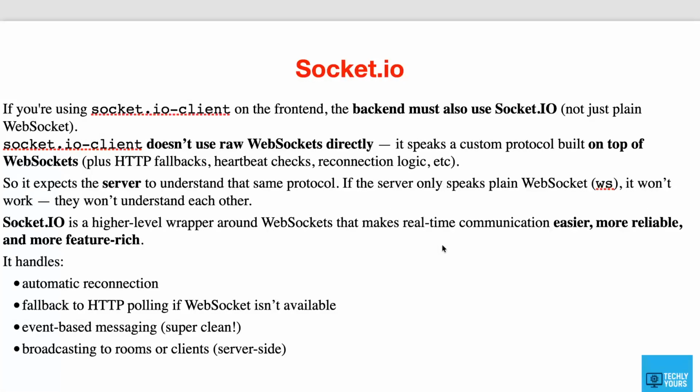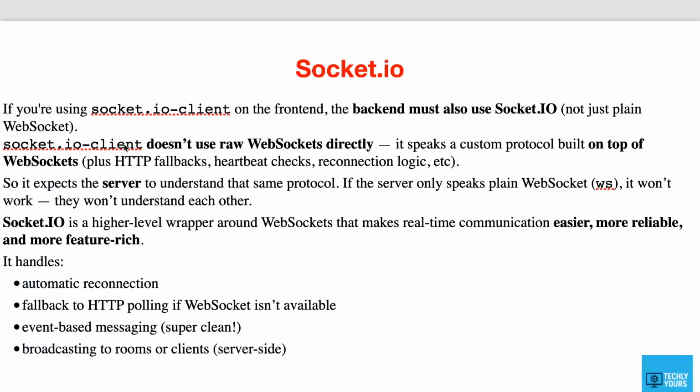Then the other option we have is socket.io. But the limitation with socket.io is that if you are using the socket.io client on the front end, the backend must also use socket.io, not just plain WebSocket. As I mentioned earlier, WebSocket is not dependent on the backend. You can use it in the front end as well.